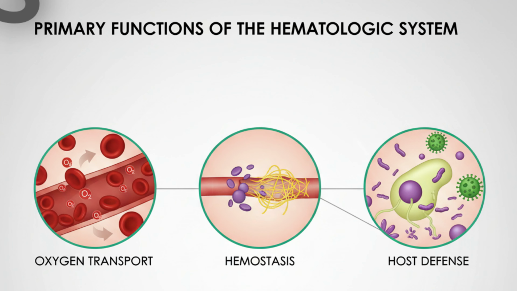It contains pluripotent stem cells that differentiate into myeloid and lymphoid lineage. So the myeloid: the red blood cells, platelets, neutrophils, eosinophils, basophils, monocytes, and the lymphoid: the B cells, T cells, and natural killer cells. Bone marrow biopsies are diagnostic for leukemias, lymphomas, and marrow failure. We were talking about aplastic anemia.